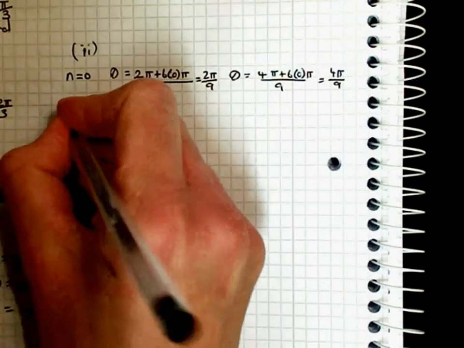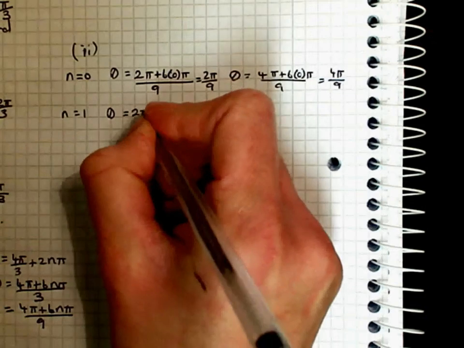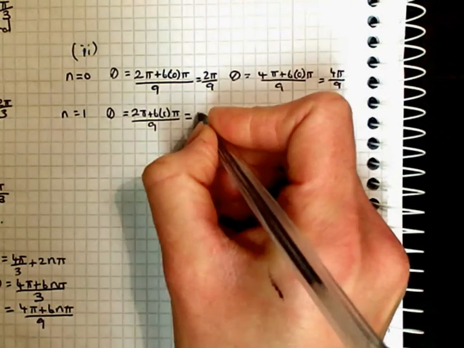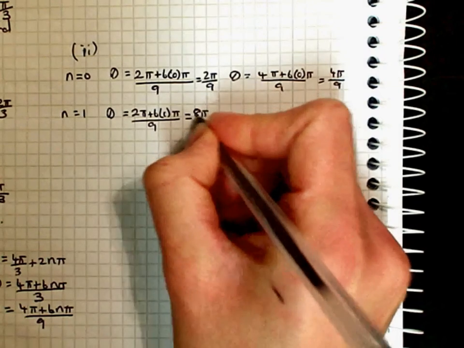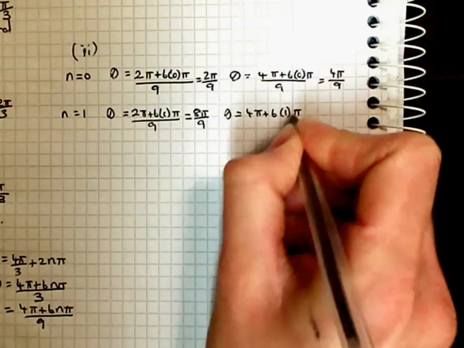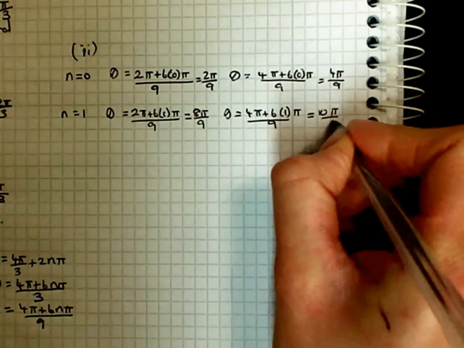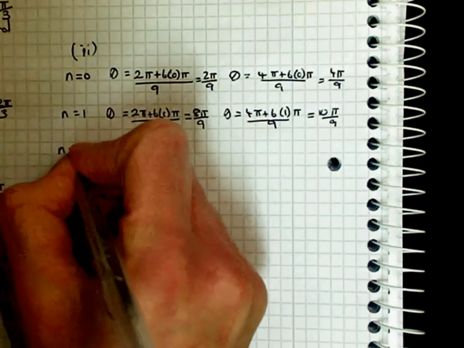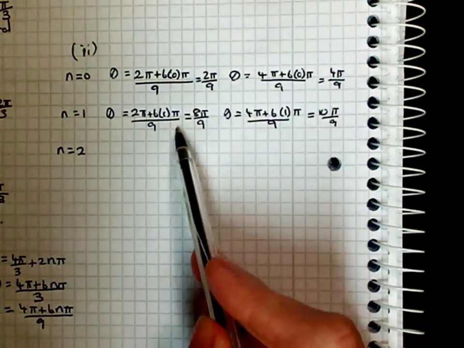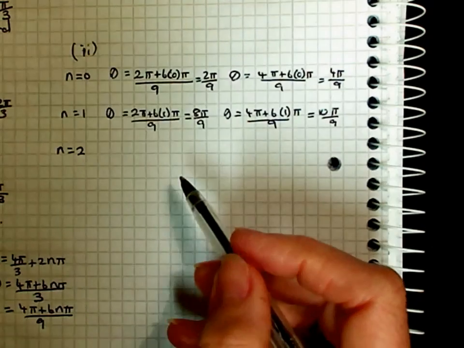So we take n equal to 1. Theta is equal to 2 pi plus 6 times 1 times pi all over 9, which is going to leave us with 8 pi over 9, and theta is equal to 4 pi plus 6 times 1 times pi all over 9, which is going to give us 10 pi over 9. And n equal to 2, checking all the time to make sure that these fall between 0 and 2 pi, or 0 and 360 degrees.